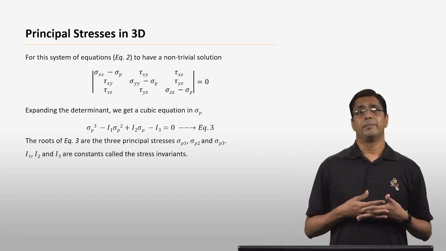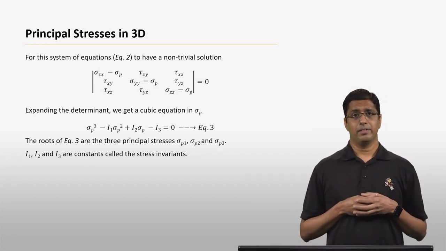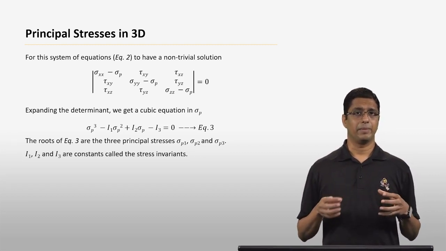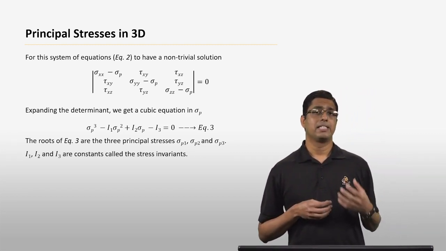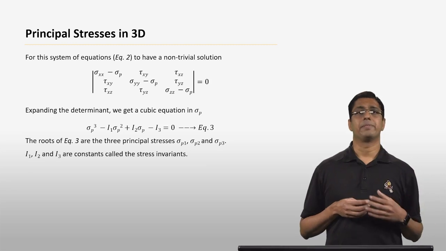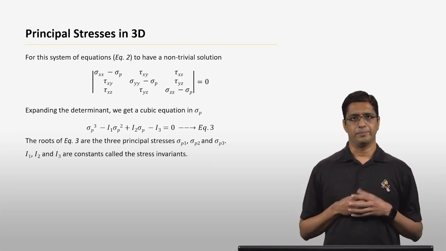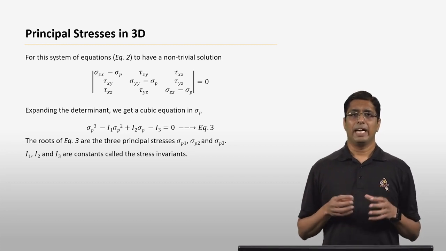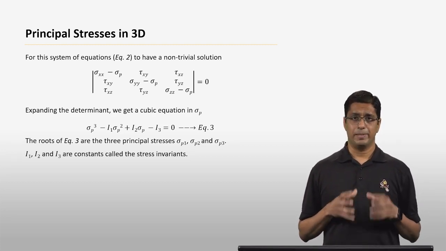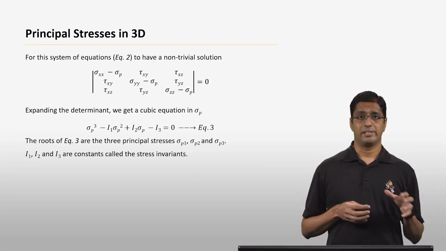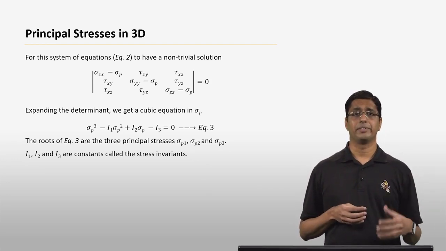If you take the determinant of this matrix, you end up with a cubic equation in sigma p. It will be of the form sigma p cubed minus I1 times sigma p squared plus I2 times sigma p minus I3 equal to 0. This I1, I2, and I3 have a special significance in stress analysis, and those are called stress invariants. We will talk about this later.